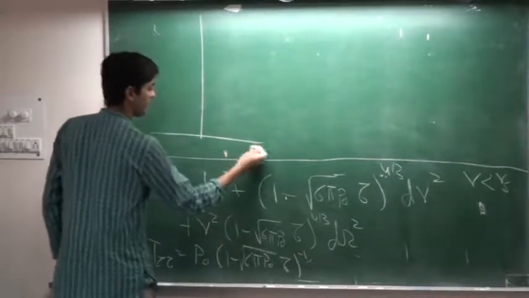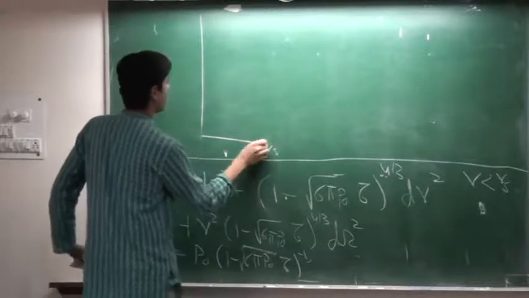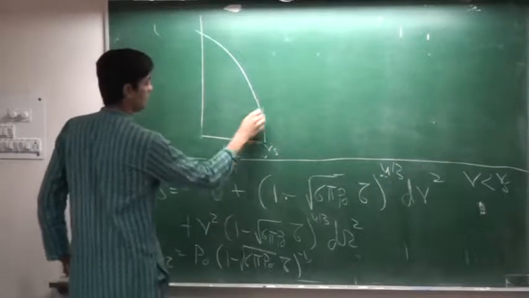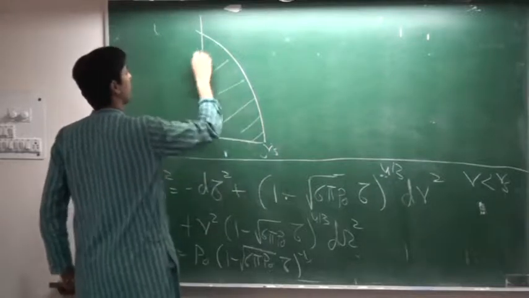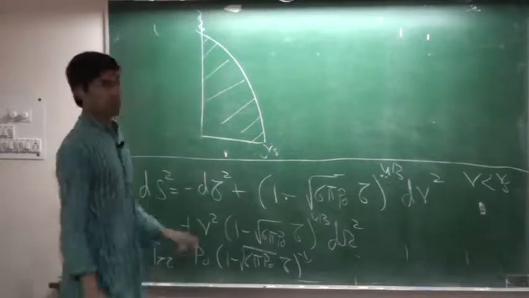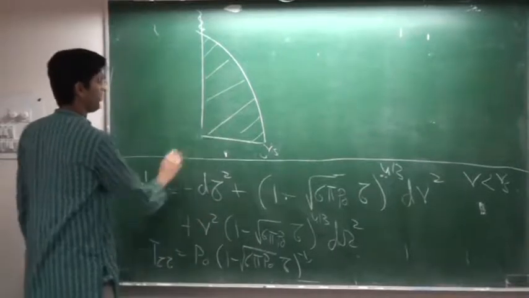This is Rs. Let me draw it from one side. Rs goes off to 0 here. So there is some shell of dust, and it collapses, and then it becomes some singular thing. So this is the solution that we have found. This is the solution that we expected, and this is the solution we have found.